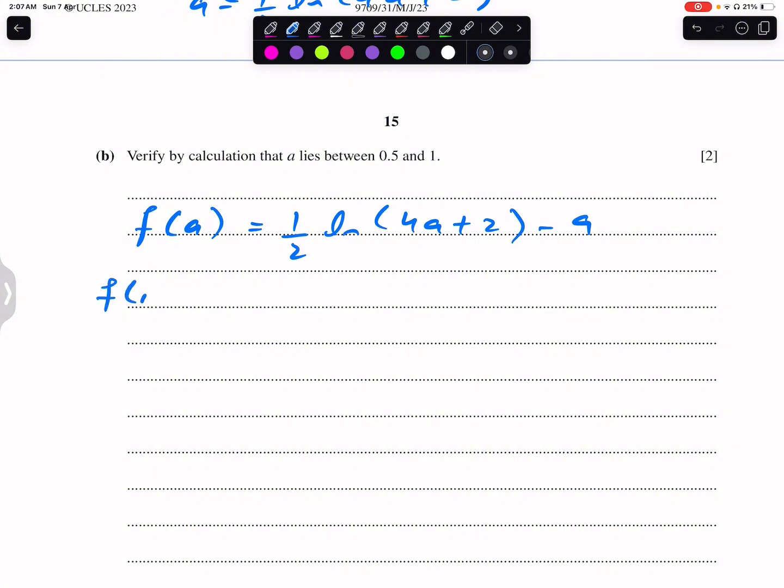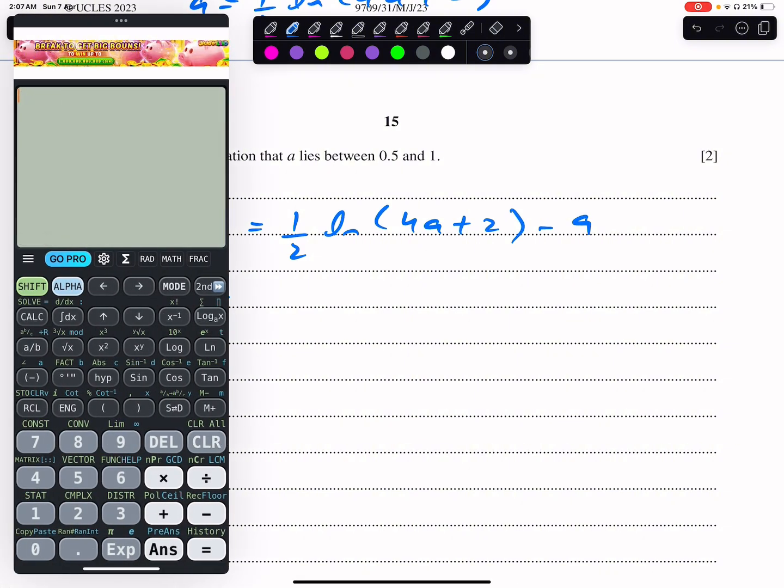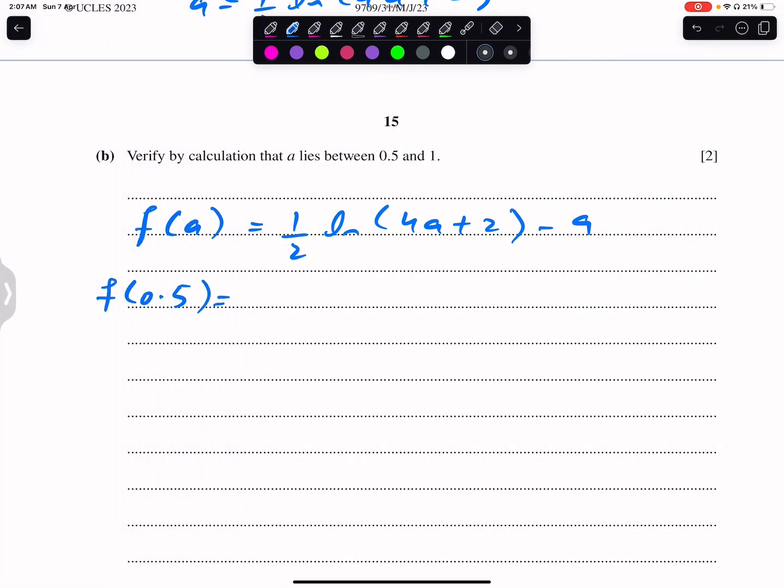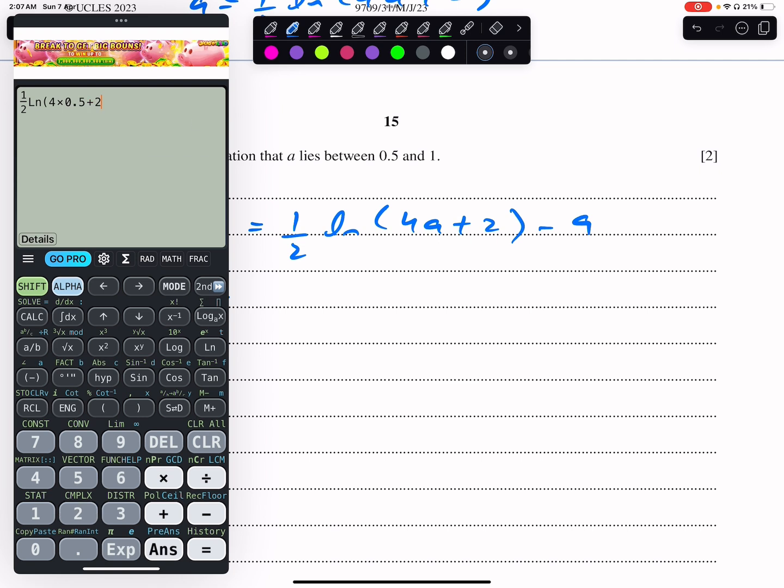So f of 0.5 is equals to 1 over 2 natural log of 4 times 0.5 plus 2, bracket close, and then minus 0.5. So the answer is 0.193, that is positive.